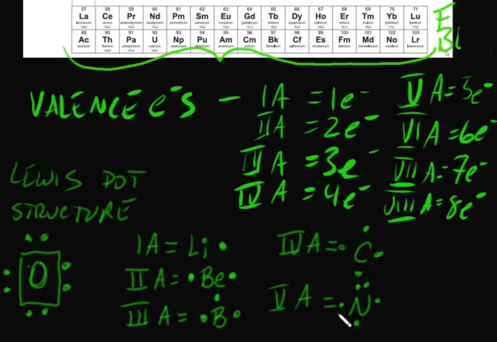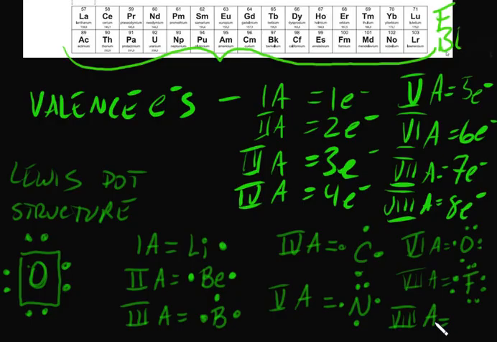We go around with 1 dot on either side, and then we end up pairing them. 6A is oxygen, we'll have 2 pairs. 7A, fluorine with 3 pairs, and then 8A, which will have 4 pairs.